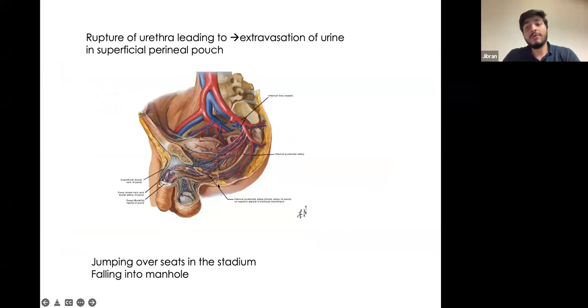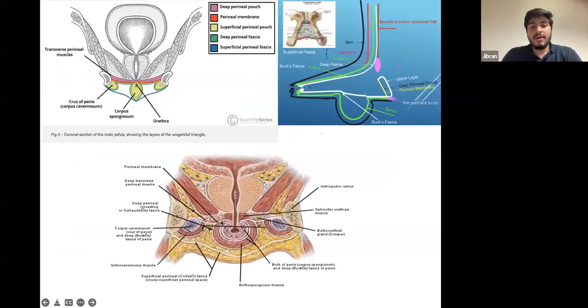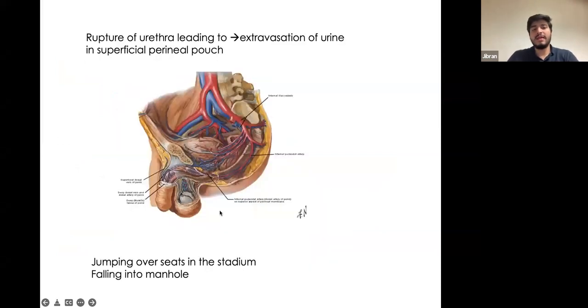It is trauma of the perineum. How can that happen? Typically, it happens if someone falls onto their perineum, like onto a hard surface, directly on top of it. It can also happen if you fall into a manhole or from a very long height and hit your buttocks, so your perineum can get injured.